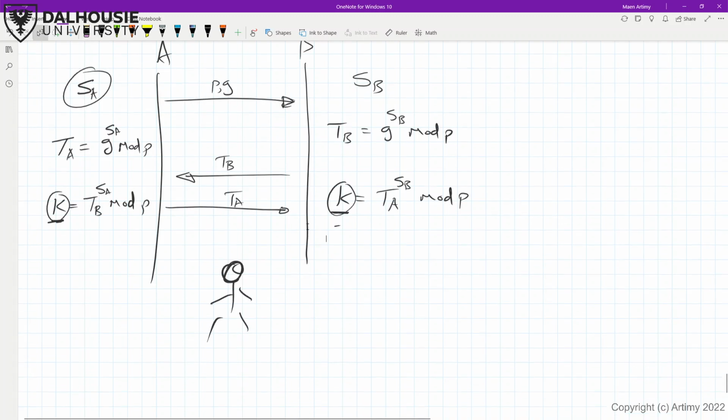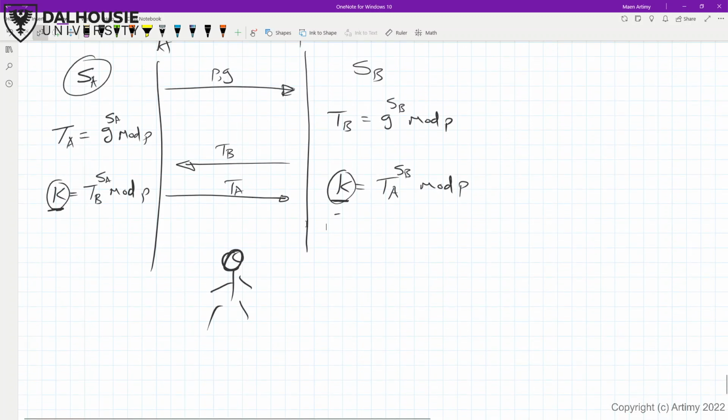So as I said when I started this recording, because public key cryptography is much slower than secret key cryptography, sometimes we use it only at the beginning of the communication, and then we come up with a shared key, and then we use that key for the rest of the communication.